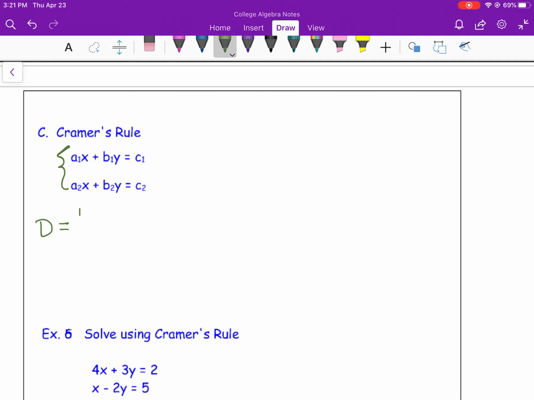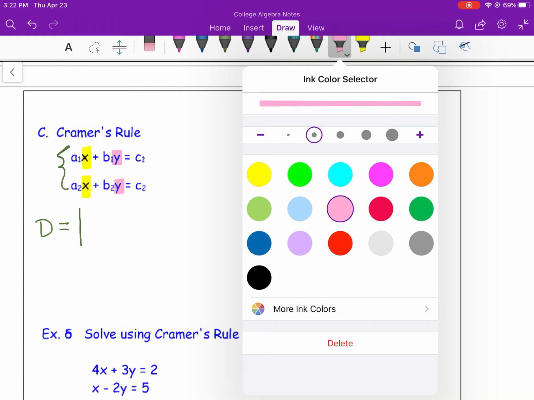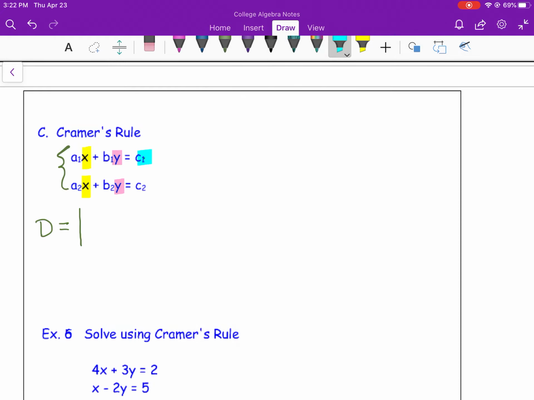Determinant D is made up of all the coefficients on x and y. If you look at your system here, you're going to see that the x's and y's line up and they're on one side of the equation with your constants on the other side. So I have my x terms lining up, my y terms lining up, then I've got these constants over here on the other side.